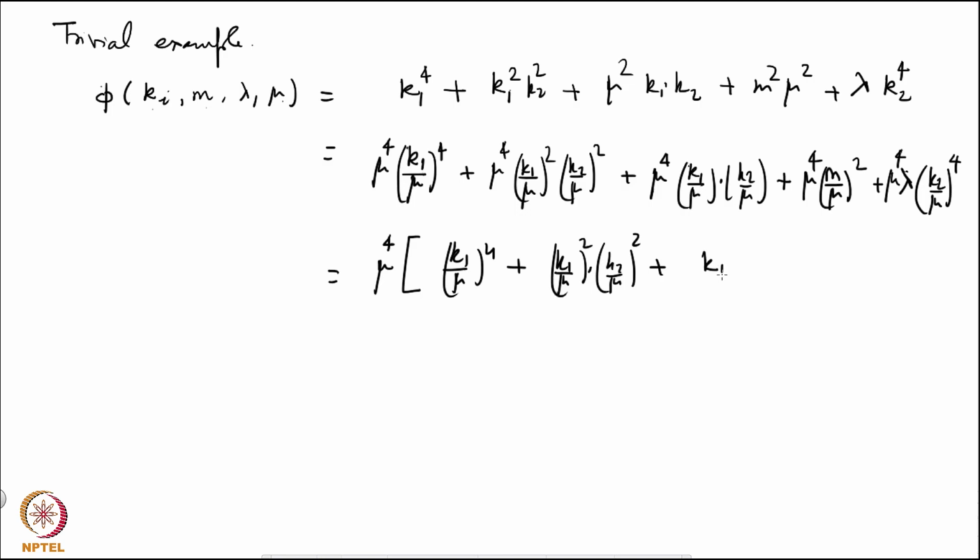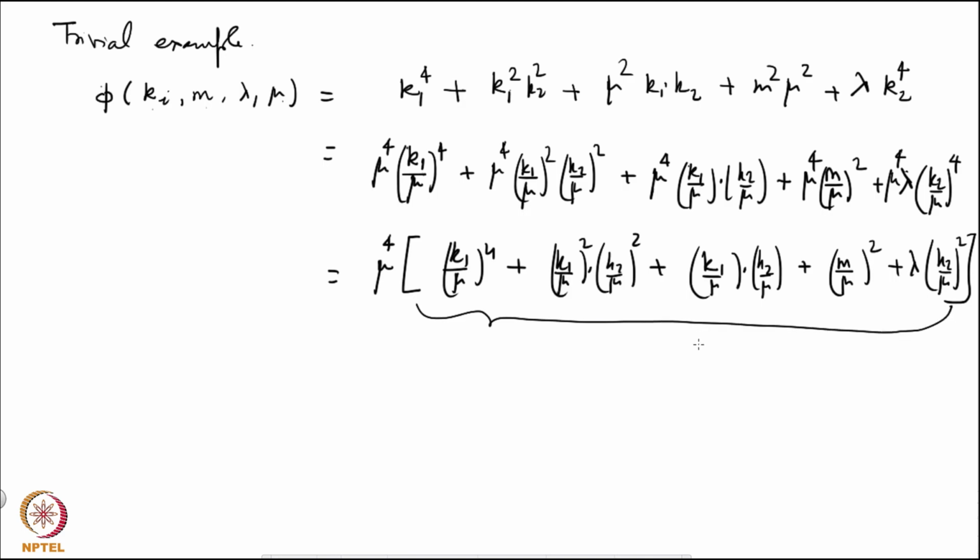Okay, so k1 over mu dot k2 over mu. The thing in the square brackets is completely dimensionless. And the entire mass dimension of phi, which is dimension 4 because each term is of mass dimension 4, is carried by the factor mu to the 4.